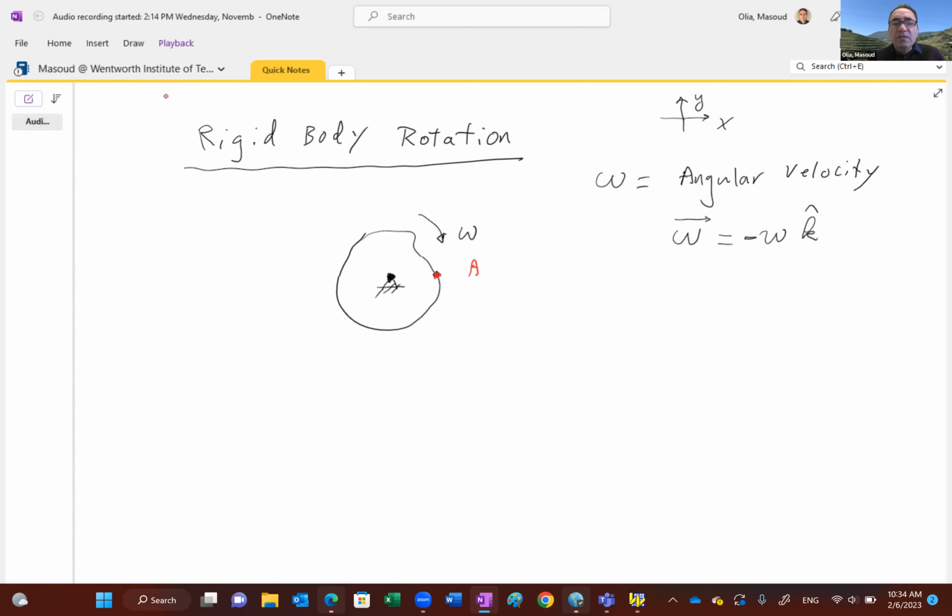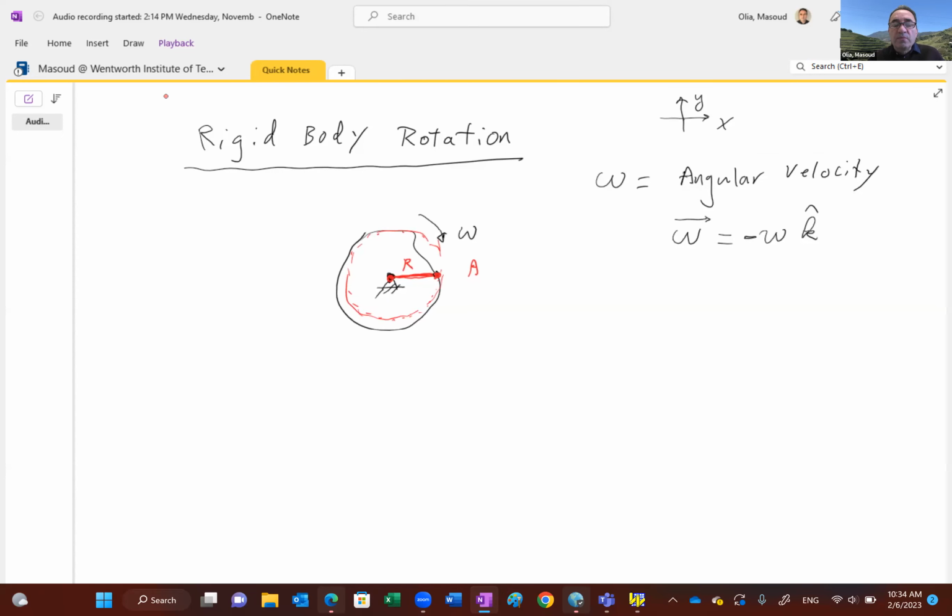All right. So the way this is done is very simple, the scalar approach. You connect from the center, the pivot point, to this point, and that establishes your radius. Basically, the definition of rotation is that this point will go along a circular path like this with a radius that is established here.